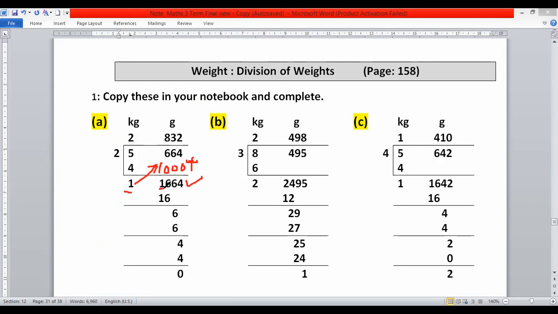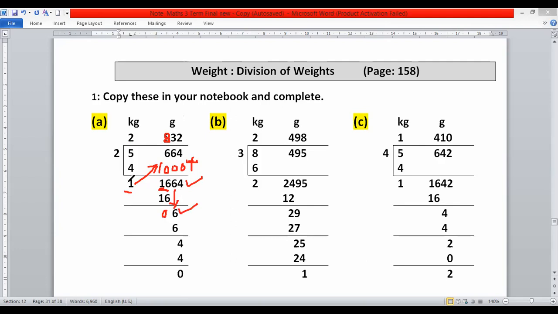Here first we take the first digit, which is 1. 1 is not suitable, 1 is less than 2, therefore we take two digits. Two digits are 16. 2 times 8 is equal to 16. 16 minus 16 is 0. After that, shift this digit down, we get 6.